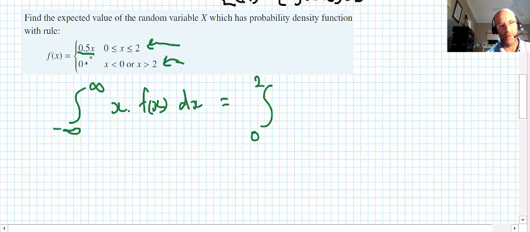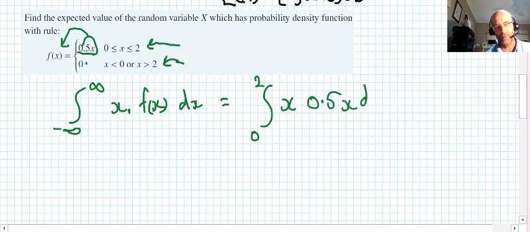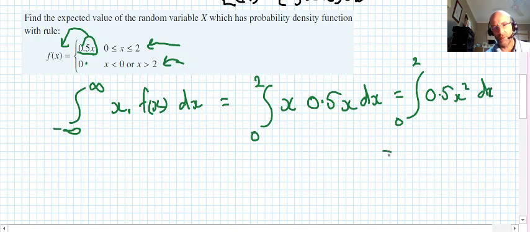The f of x in the relevant part is 0.5x, so we go x times that f of x. So it's x times 0.5x in this particular case. And that's pretty easy to integrate. That's 0.5x squared.